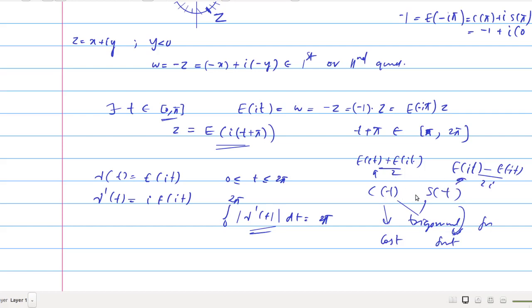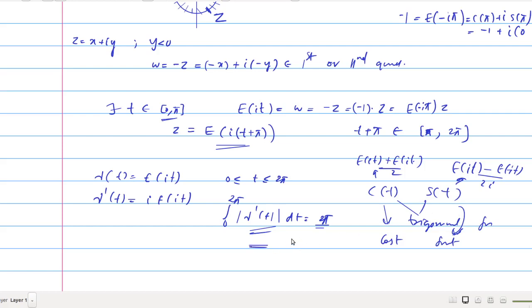We have defined C of t and S of t by means of these power series, but after this, you can easily identify them as our usual trigonometric functions cos t and sin t, because this gives the perimeter of the unit circle, and that is discussed in one or two paragraphs after this theorem. So please go through it.